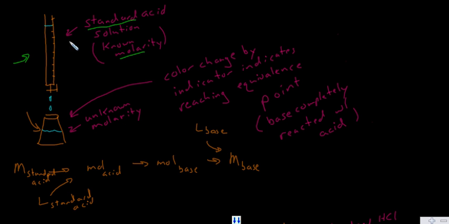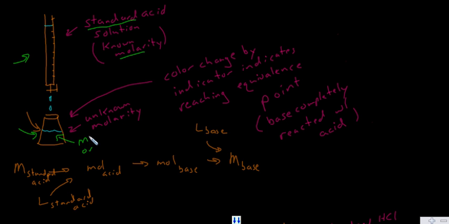And knowing its molarity and reacting it until all of this other solution reacts, as evidenced by a color change generally, allows you to know either the molarity of the substance or the number of moles or grams of that acid or base in that substance.